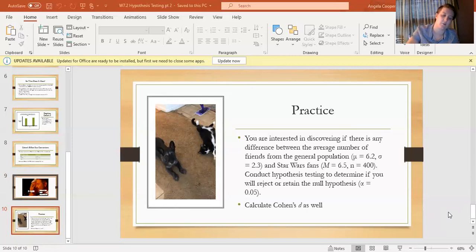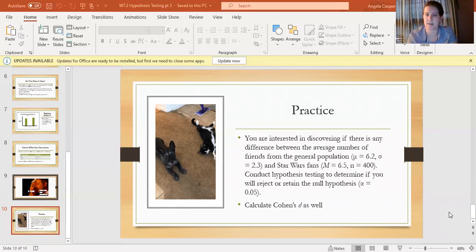The population mean is 6.2, and the population standard deviation is 2.3. The sample mean for Star Wars fans is 6.5, and we have 400 in the sample size.